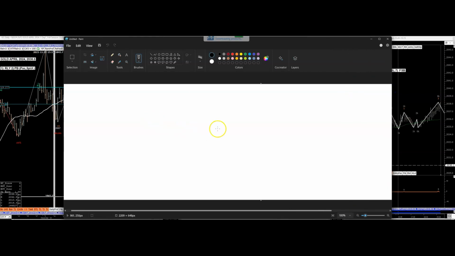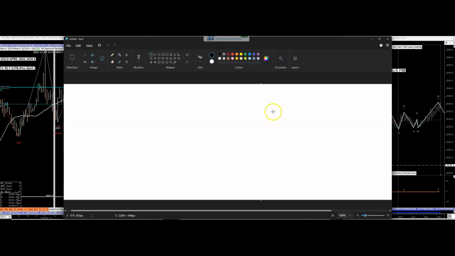All right, everybody. So I'm gonna go over how to get pullbacks and basically how to trade. The first thing is, and this is really important, because if you get this right, you'll know where the pullback is going to go, and at least be prepared for it in advance.